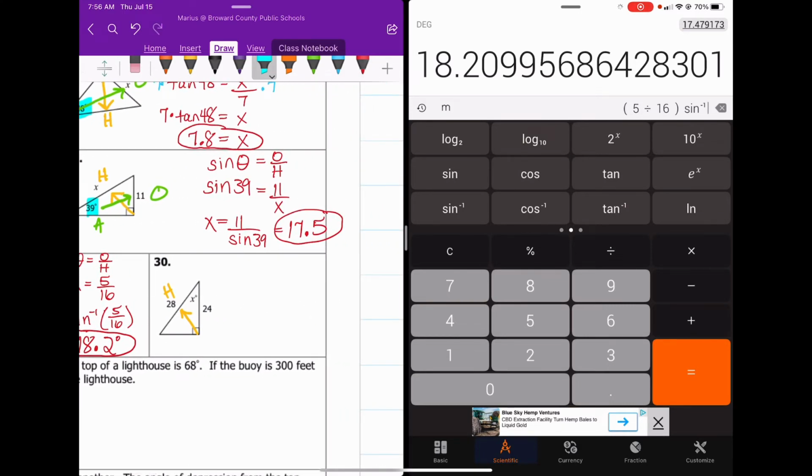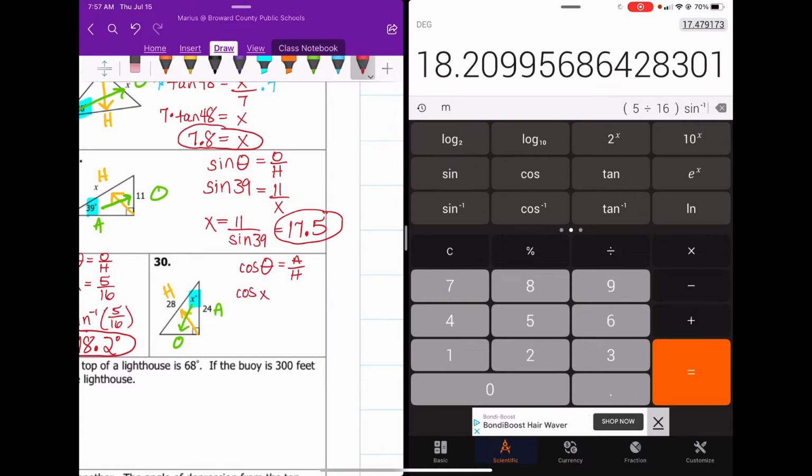Once again, identify x. Identify the angle and then identify the opposite. So that's opposite. This is adjacent. Which trig function uses adjacent and hypotenuse? That would be cosine. So we're going to use cosine of theta is equal to adjacent over hypotenuse.